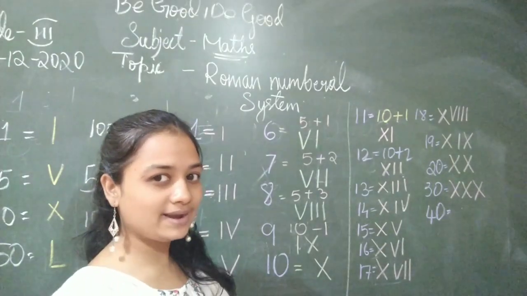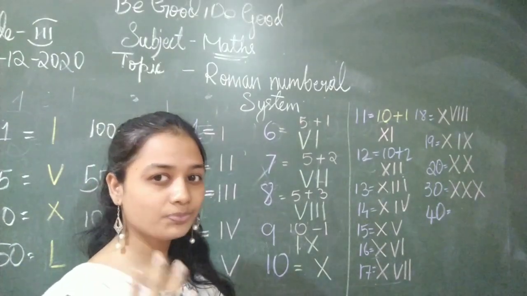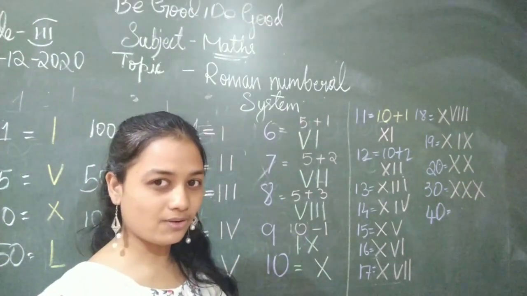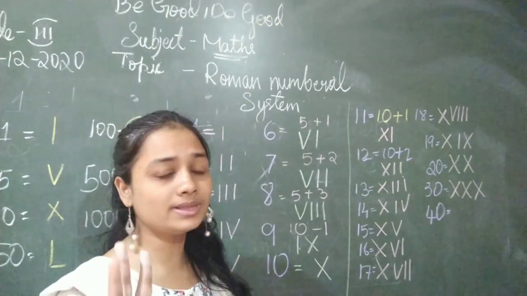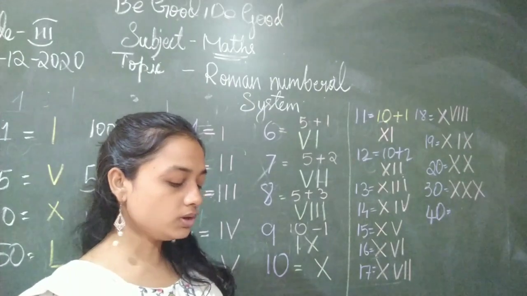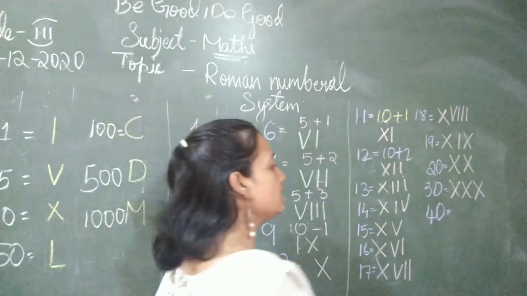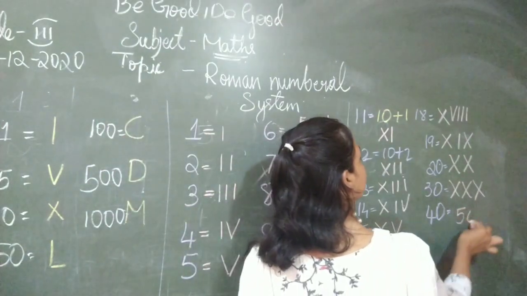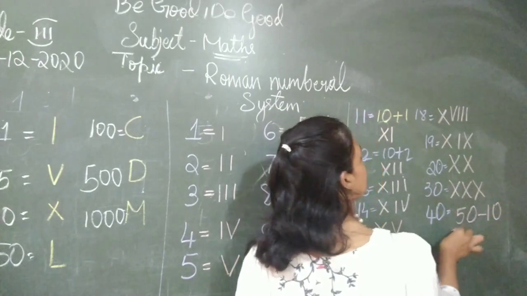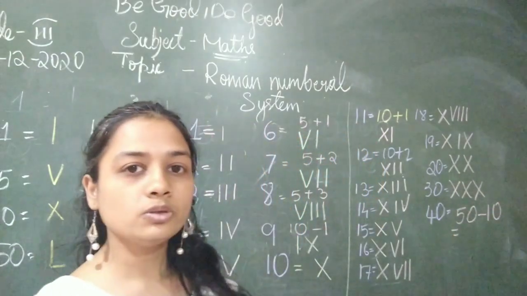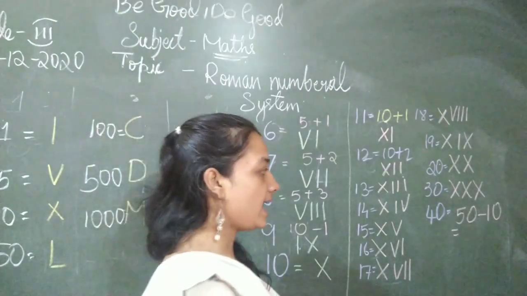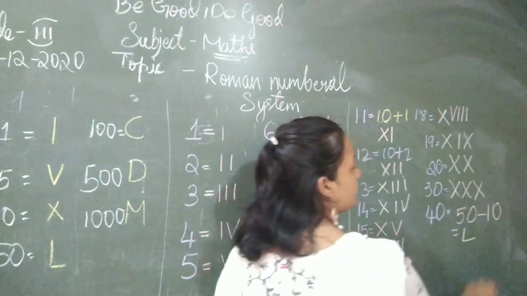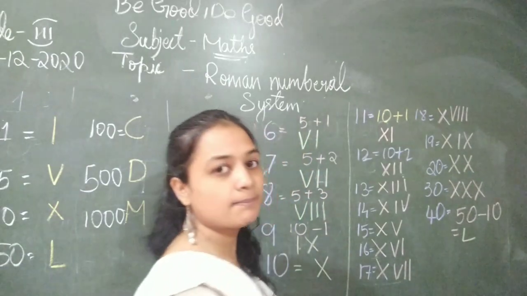So should you write X 4 times? No, because you cannot write the same symbol more than 3 times, children. So what you should do, for 40, I will write 50 minus 10, which is equal to 40. So what is the symbol for 50? 50 is L. And I am subtracting 10, minusing.